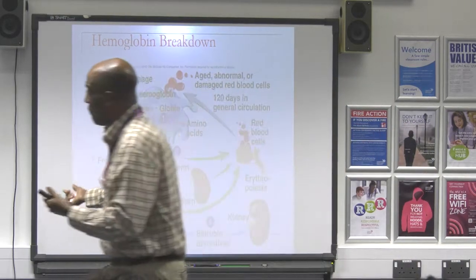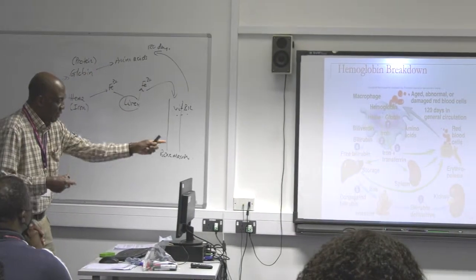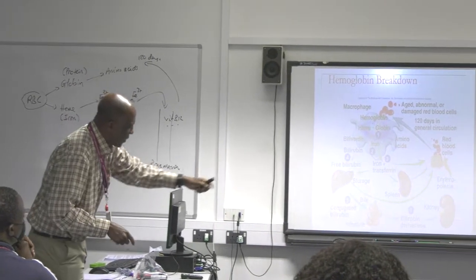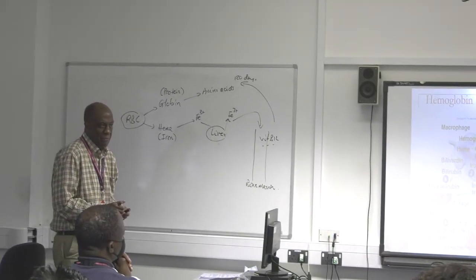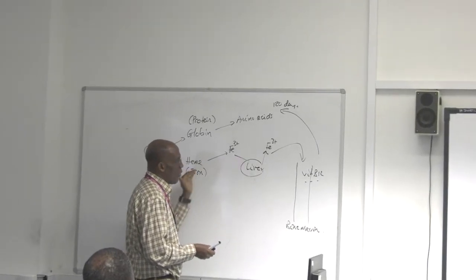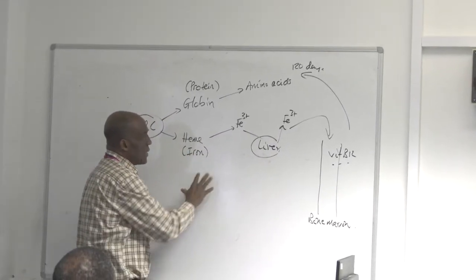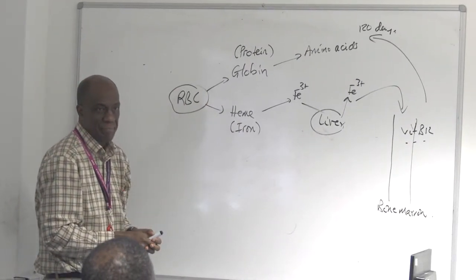Some are also excreted through the small intestines, they go through the bowel, and then we excrete them out of the body. But the key point here is that the iron is useful. The unuseful ones are excreted, and then the cycle continues.